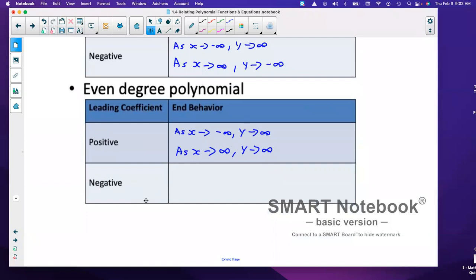For negative, they open downwards, so as x goes towards negative infinity, y also goes towards negative infinity because it's going down. And as x moved to the right towards positive infinity, we once again went downwards, so we went to negative infinity.